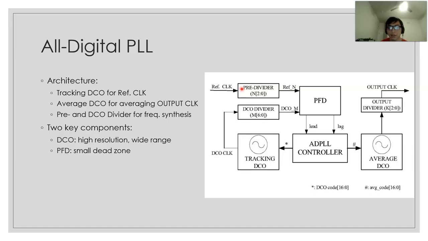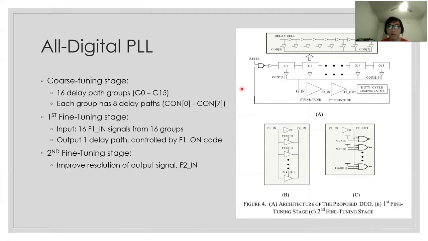This will perfectly track the tracking DCO. That code will be used in here to select the delay path within each group.